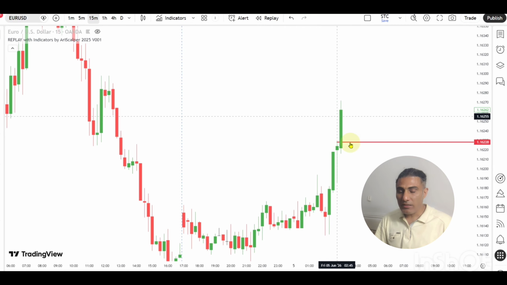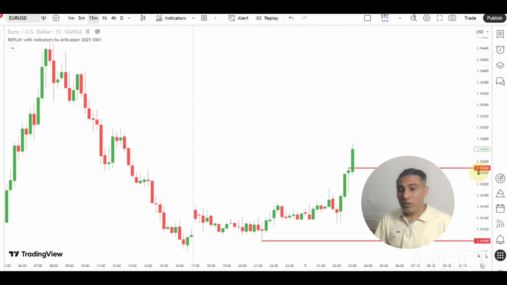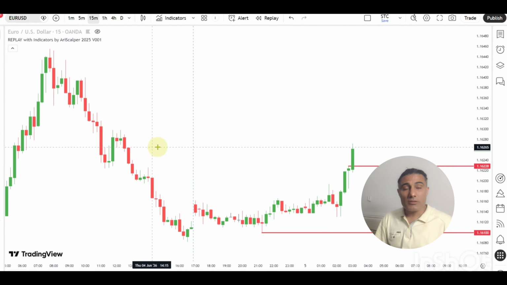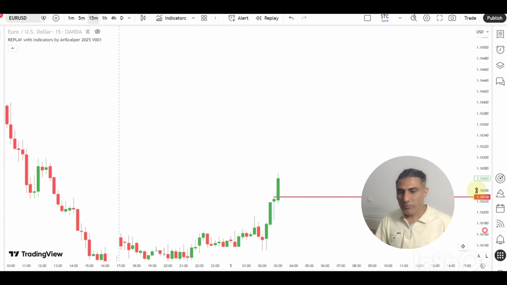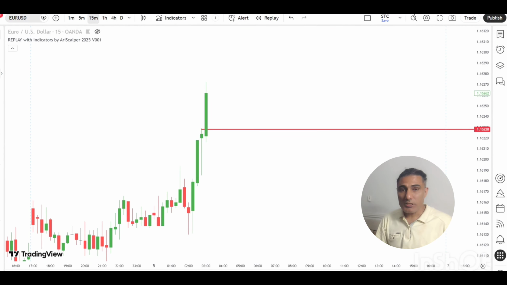A valid breakout. No need to consider the overall trend. Consider the left side of the chart.